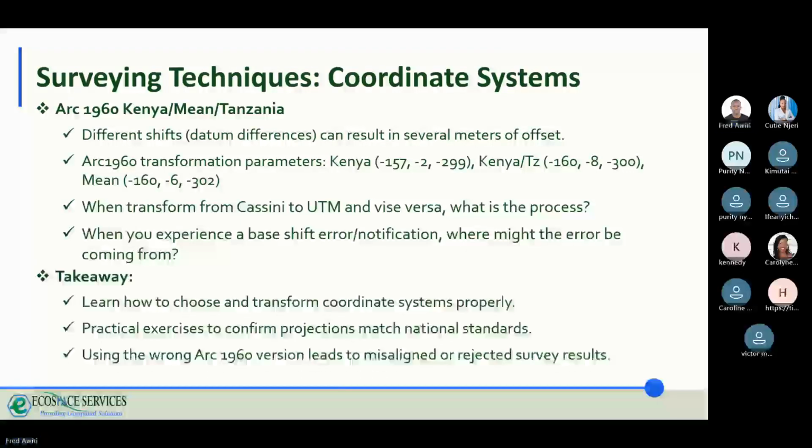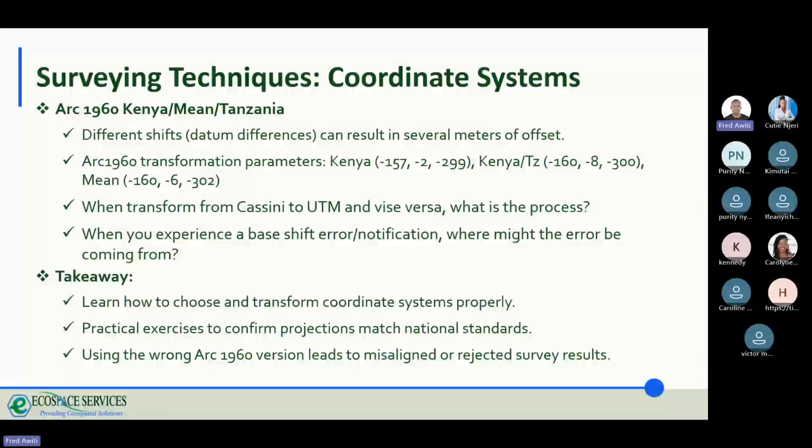So at the end of the day, what are you going to take out from this? Learn how to choose and transform your coordinates properly. It might look very simple because the more you are used to doing something, when somebody gives you a machine, you just go ahead. But on the list of what you need to choose is just Arc 1960, and it will not display for you which parameters.